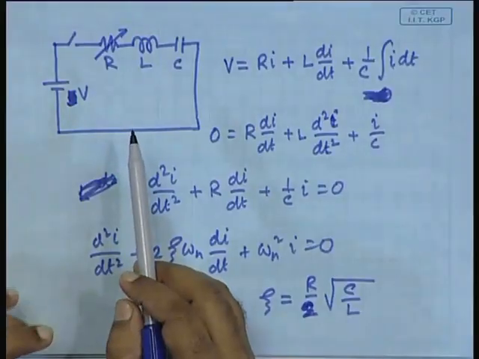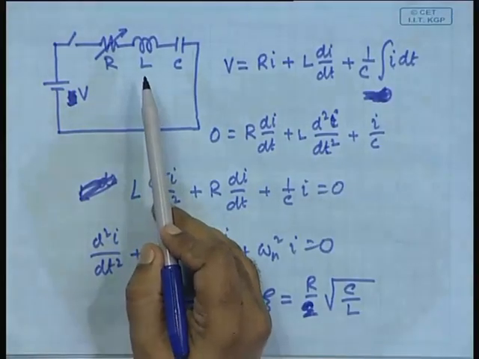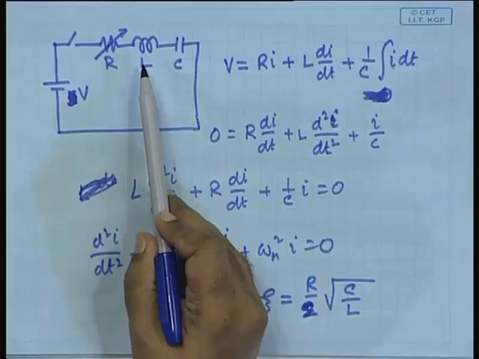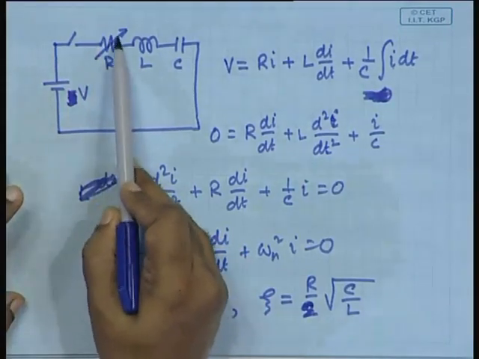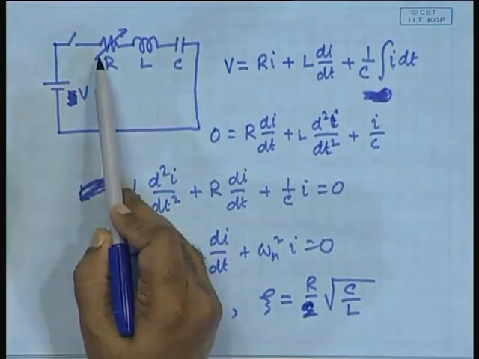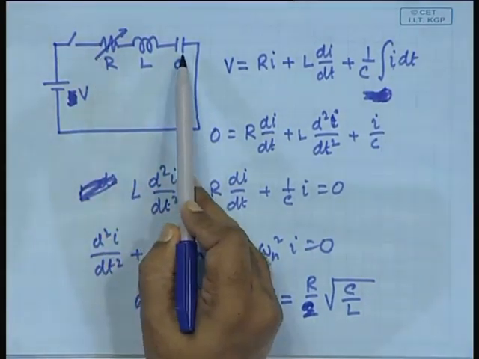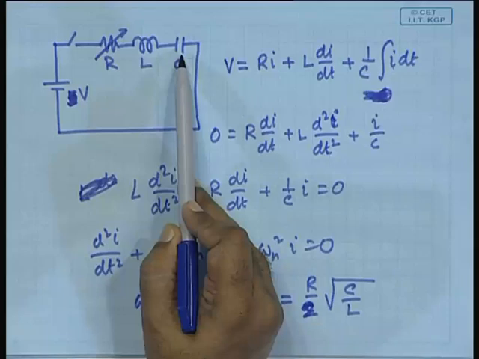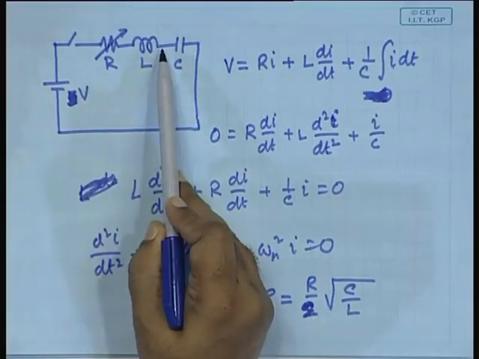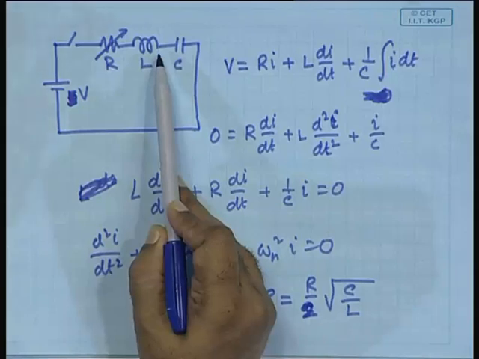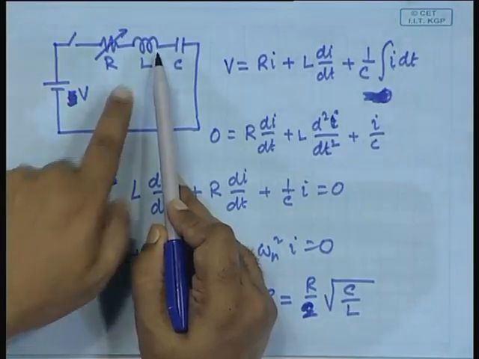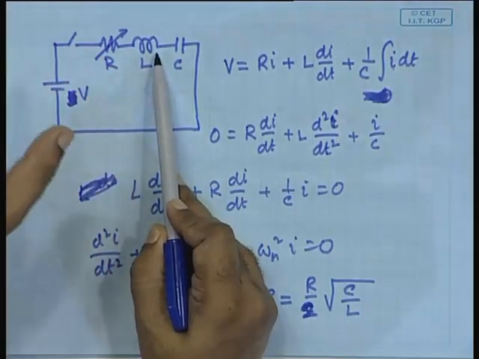Okay, starts from where? Initially the current is 0, therefore the voltage across R is 0. The capacitor voltage is 0 because there is no charge in it. So, it will start with V. So, L di/dt is V. So, di/dt is V by L.